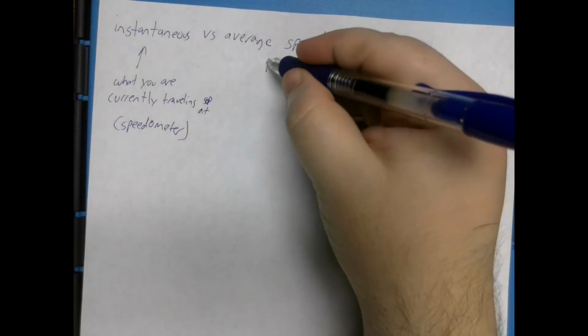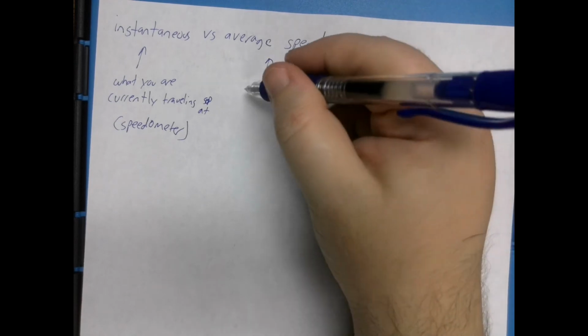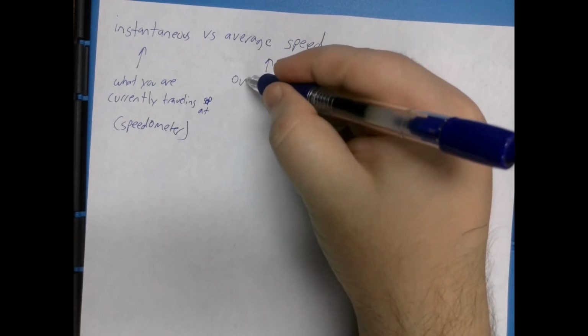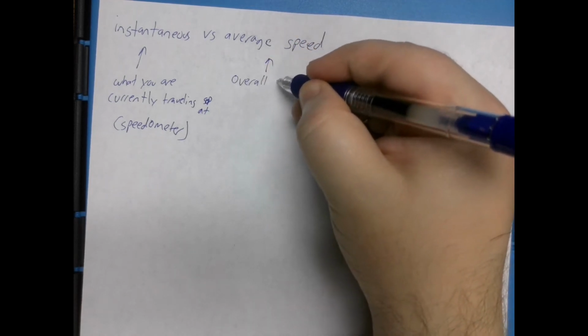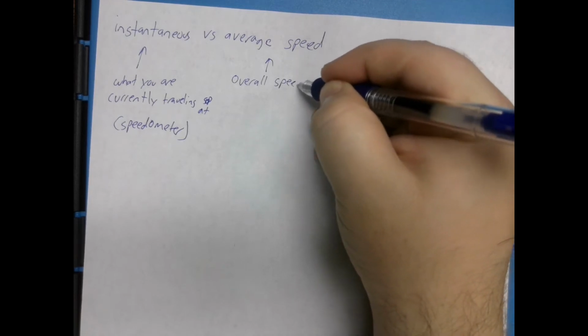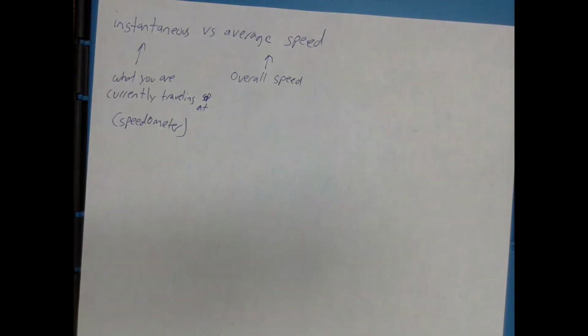While your average is your average speed, your overall speed. I don't know why people kept putting one as constant. Your average speed is not constant. It's constantly changing. Currently traveling at.